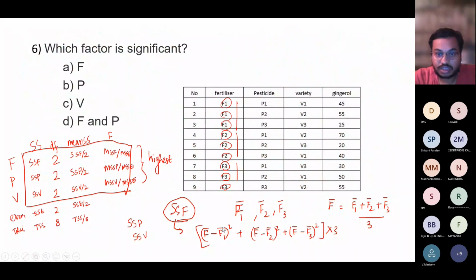Because F1 has 3 independent observations, F2 has 3, and F3 has 3, we multiply by 3. Okay, now I get it, sir. Thank you. So that's how we get the sum of squares for all of these.